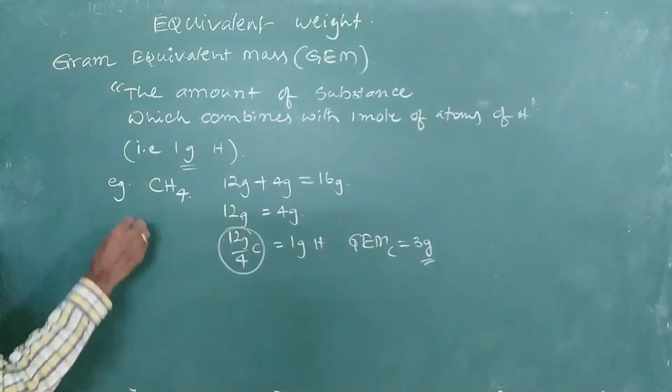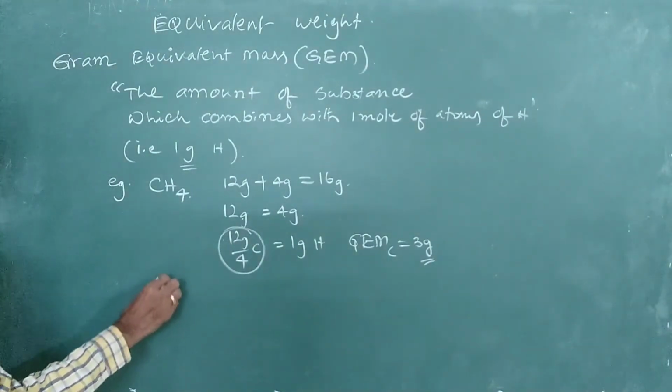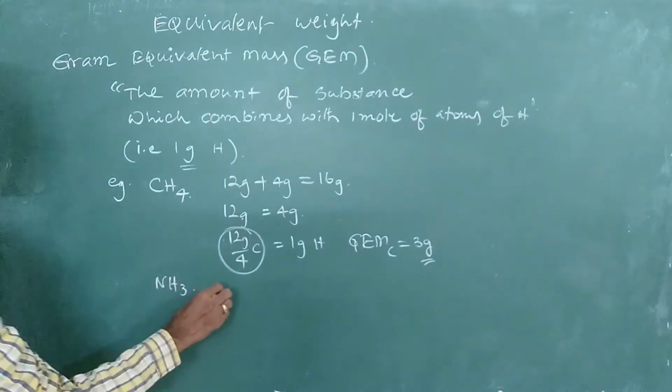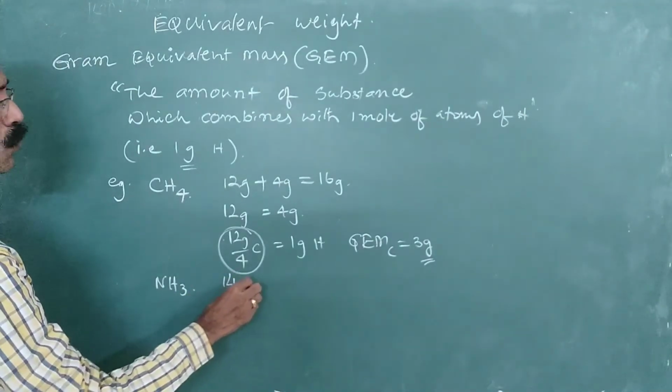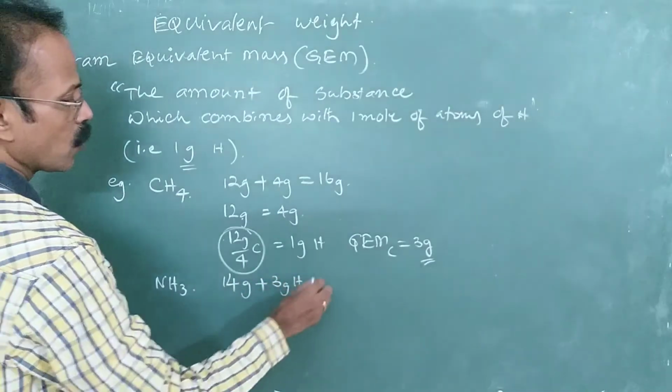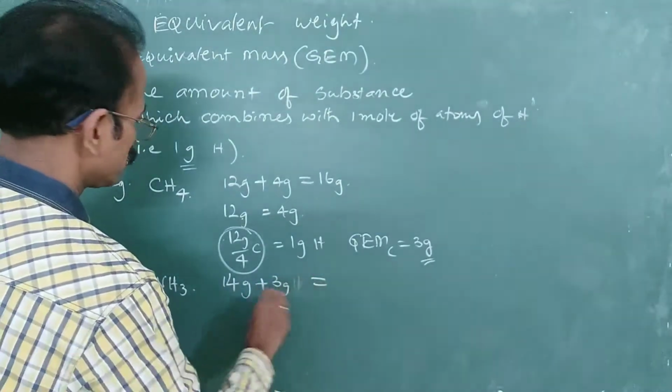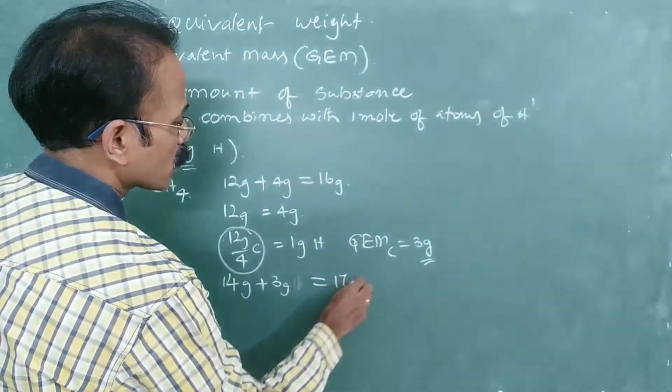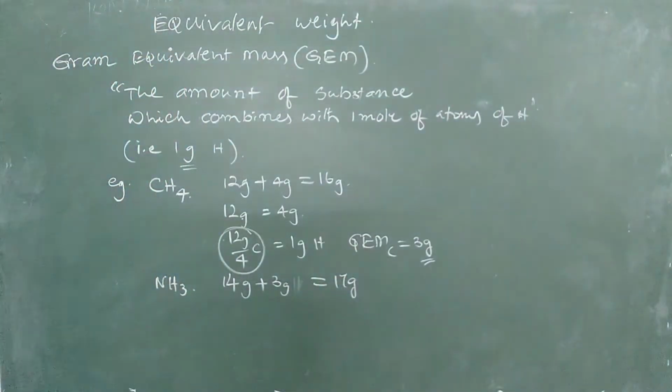Now I'll give another example, that is ammonia. Take 1 mole of ammonia. It is formed by the combination of 14 gram of nitrogen and 3 gram of hydrogen. So the molar mass is equal to 17 gram, that is equal to 1 mole of ammonia.